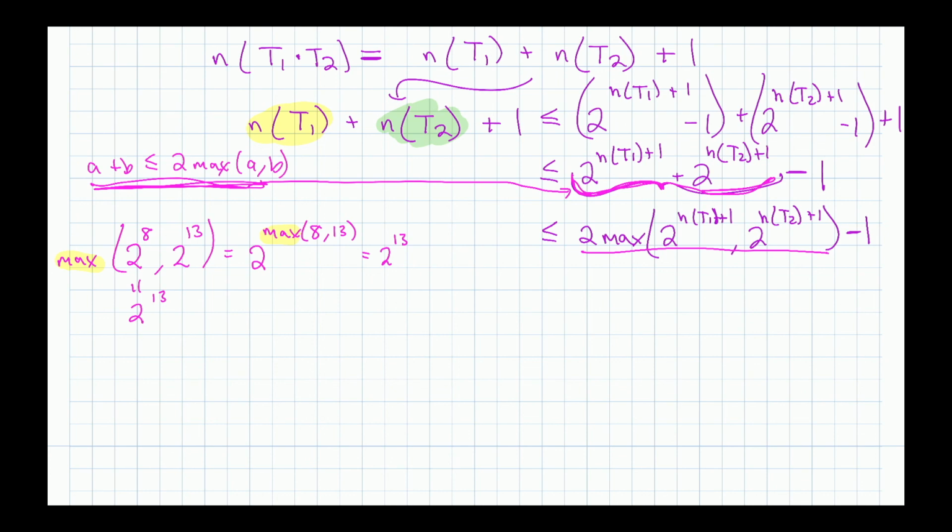What does that mean? What that means is down here, I can say that this is less than or equal to 2 times. Instead of putting the maximum right here, I can move the maximum up as the exponent and say that this is 2 times 2 to the maximum of h of t1 and h of t2.